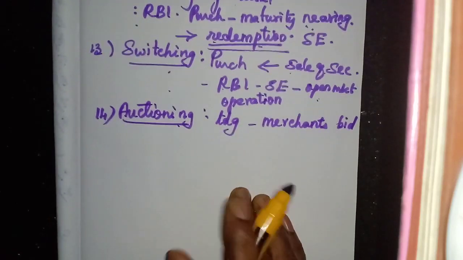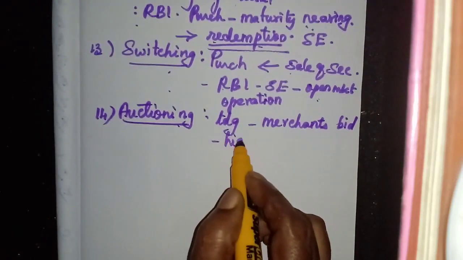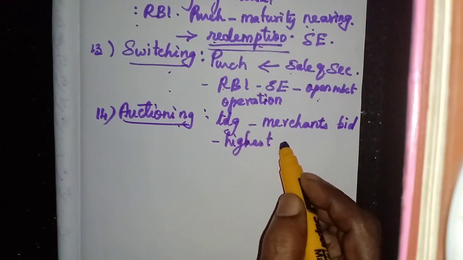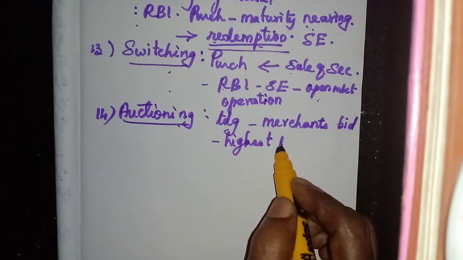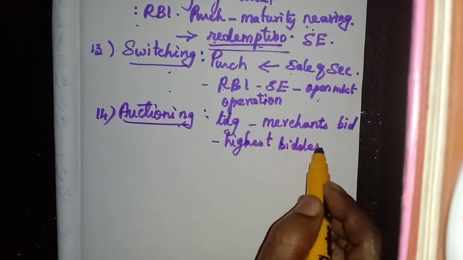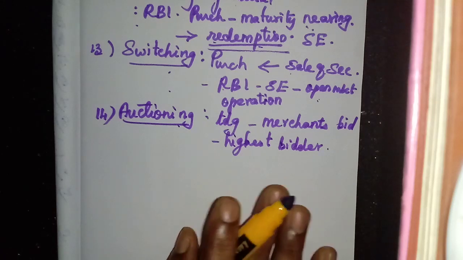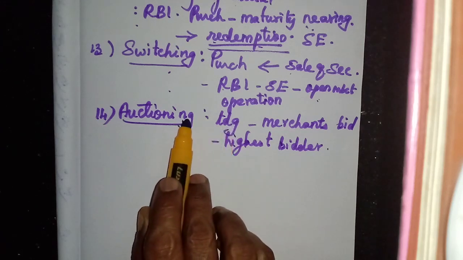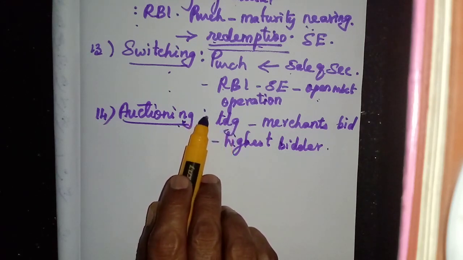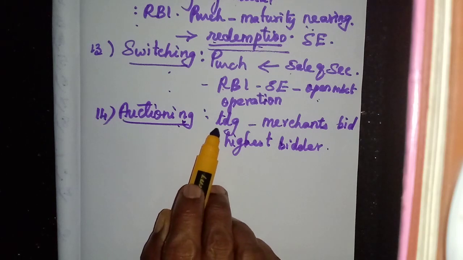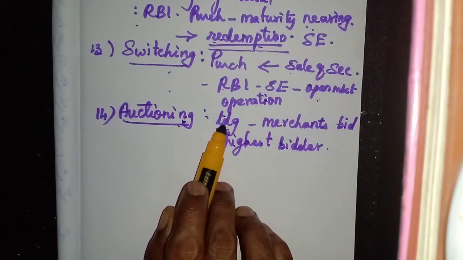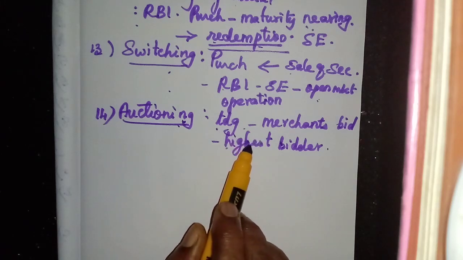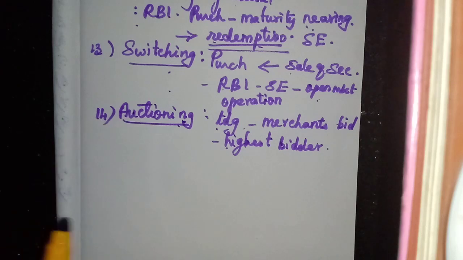At last the security will be given to the highest bidder, the one who has called the highest value, after saying 1, 2, 3. That is called auction. This is also done in the government securities market. A method of trading whereby the merchants bid against one another and where the securities are sold to the highest bidder is known as auctioning.